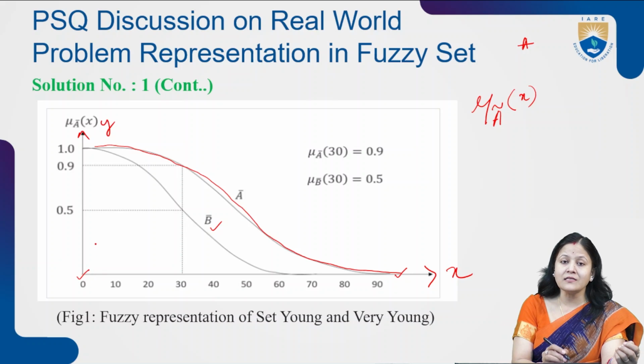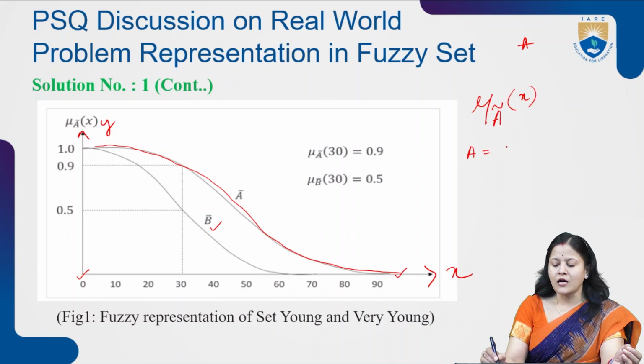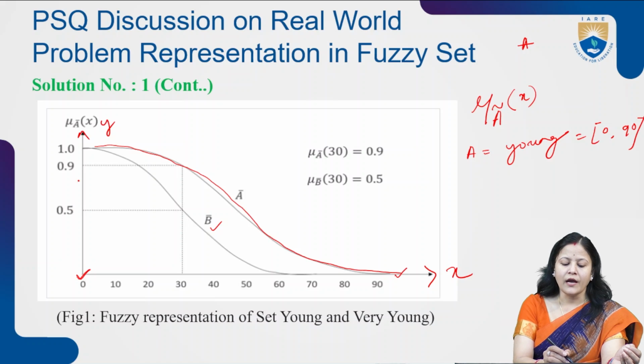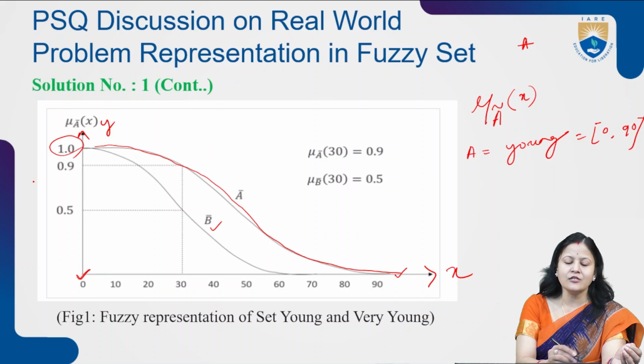As I told, the y-axis represents the membership value. So consider first set A, that means young people. Young people represents 0 to 90 age. When the age is 0, its membership value is considered as 1.